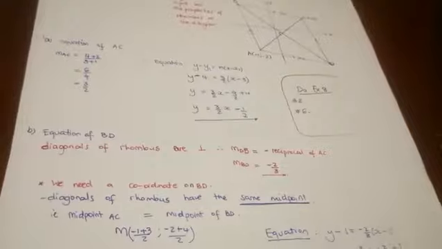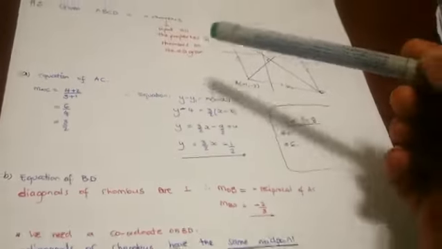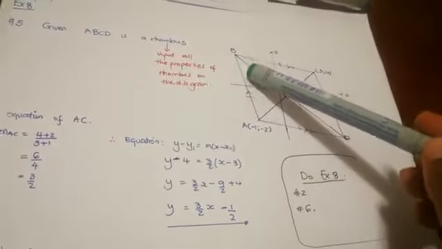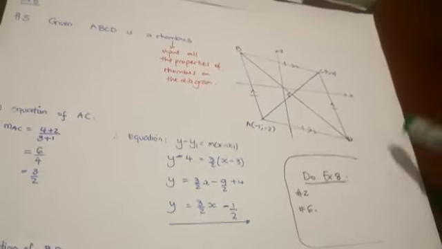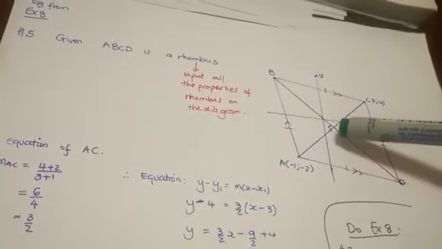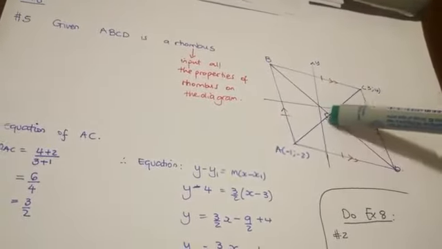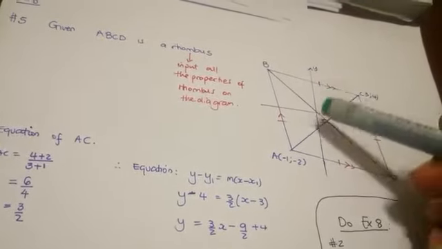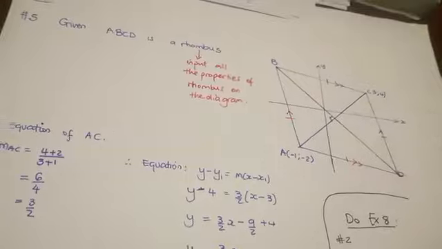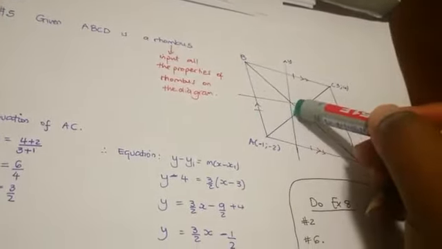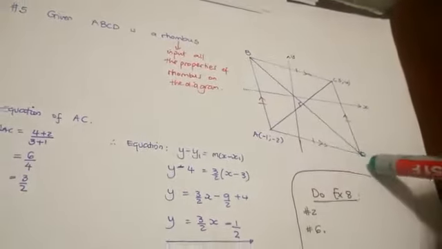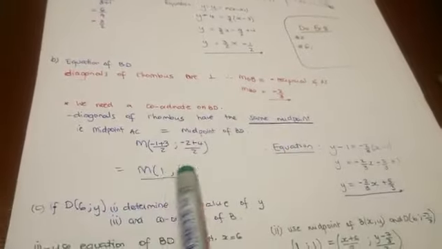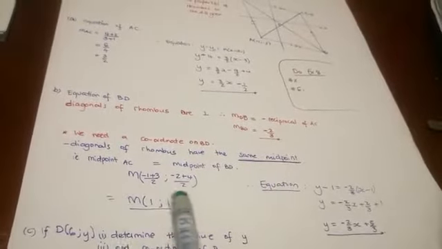Okay, now we are asked to find the equation. So now if you check again there, we don't have a coordinate that we can see, but because we know that the midpoint of AC is the same as the midpoint of BD, we can calculate this midpoint. So if you calculate the midpoint, then it's a coordinate that lies on BD. So that's what I did. I calculated the midpoint and I found it to be (1, 1).